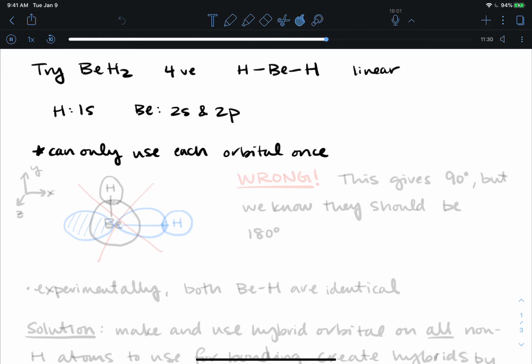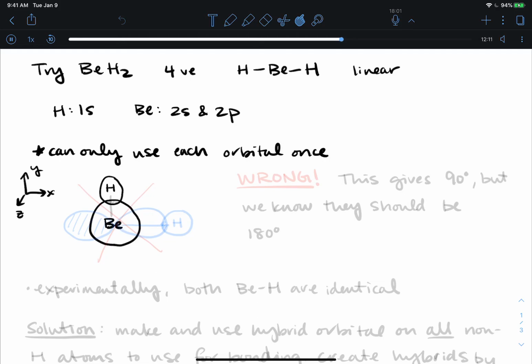So I have beryllium, and I'm going to start by using my 2s on beryllium, and it needs to overlap with hydrogen. And you can kind of put that hydrogen anywhere. I'm going to put it here, and mostly I'm going to put it there because I'm planning ahead. I have to bring in a p orbital to make my next bond.